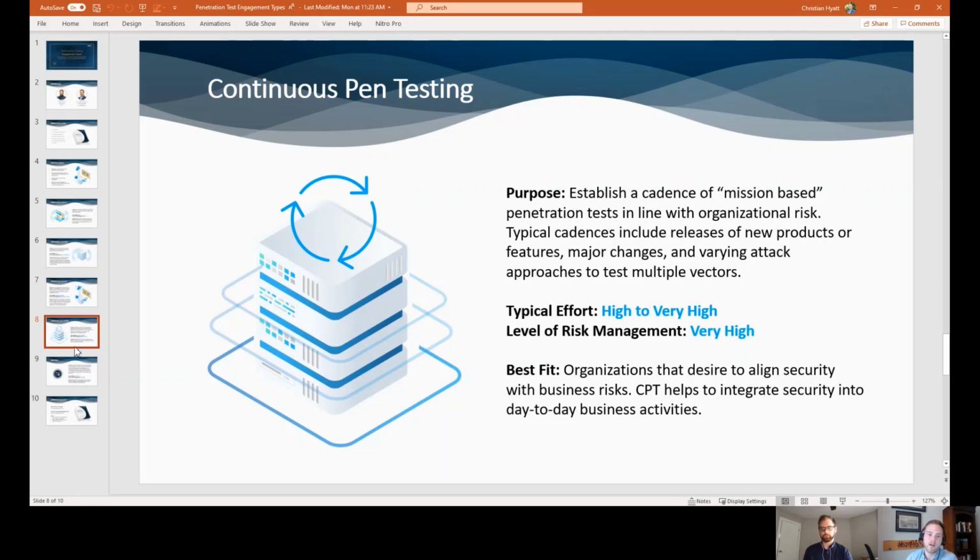At what stage should a company start thinking about moving from an annual pen test into more than one pen test a year? When have you seen that transition? I think when growth is really high, when suddenly not only is there a lot of autonomy in the environment about what can be spun up and created as far as assets and network resources, but when deployments are happening much faster.